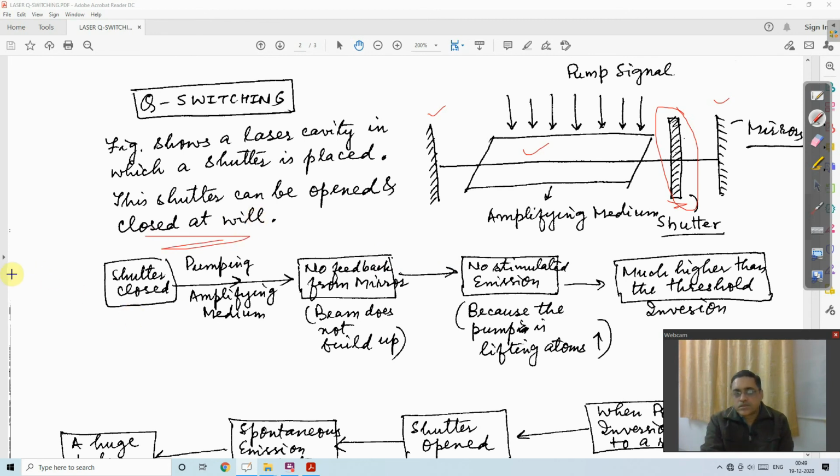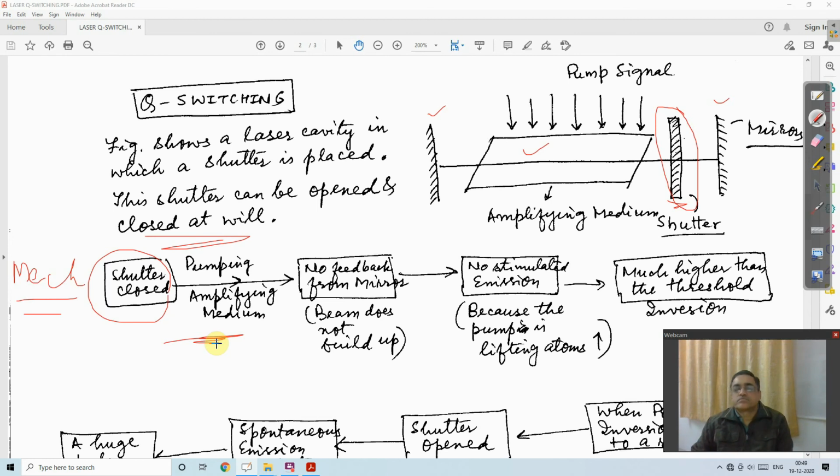Now let us understand the mechanism behind it. When the shutter is closed, what happens? We send the pump signal to the amplifying medium, and the atoms are pumped to a high level.